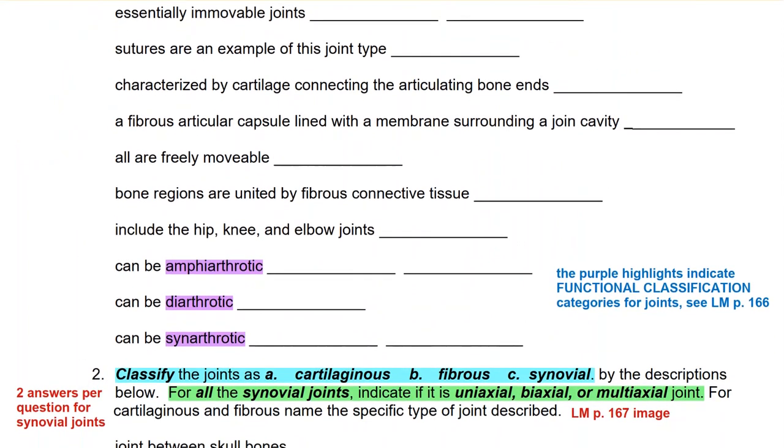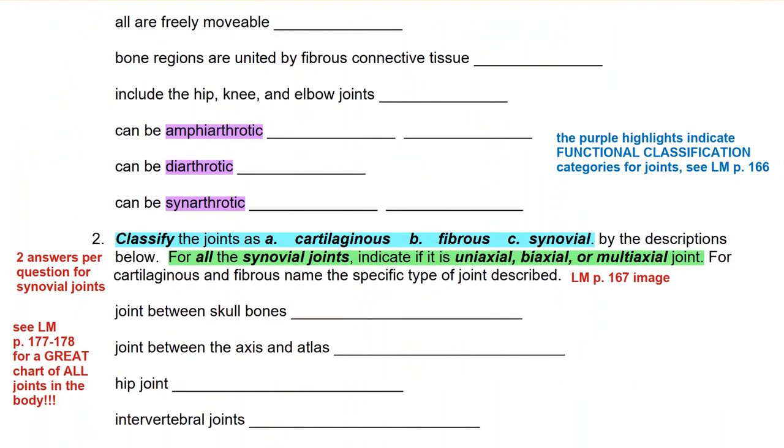And then as you go on down, you're going to see these 3 purple highlighted words. And I draw your attention. These purple highlighted words are functional classifications. And so that's what you just saw on the previous slide. Syn, remember, ambi, and di.